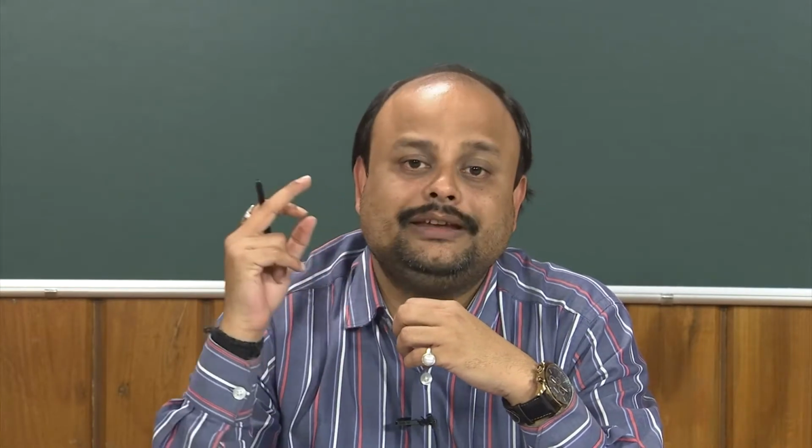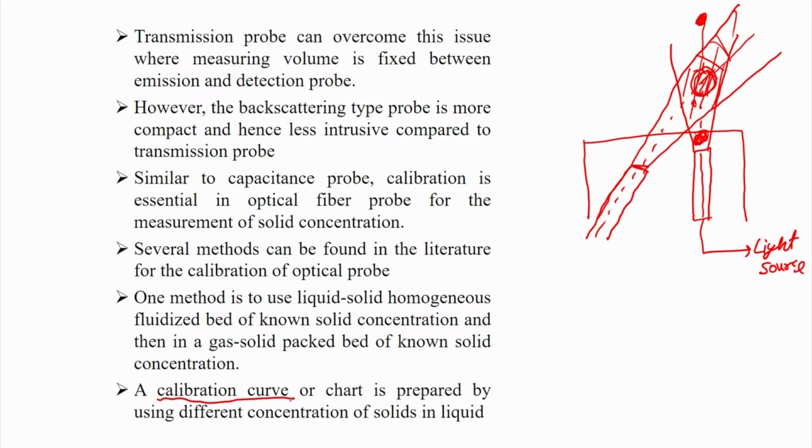But we are not measuring the volume fraction, we are measuring the intensity of the light, which is recorded in terms of the voltage. Because of that, you again need a calibration curve to be prepared, and this is again a problem. The moment you need a calibration curve, the problem starts. Why? It is the same problem which we discussed earlier in the capacitance probe. You have to do the calibration for different solid concentration beds.